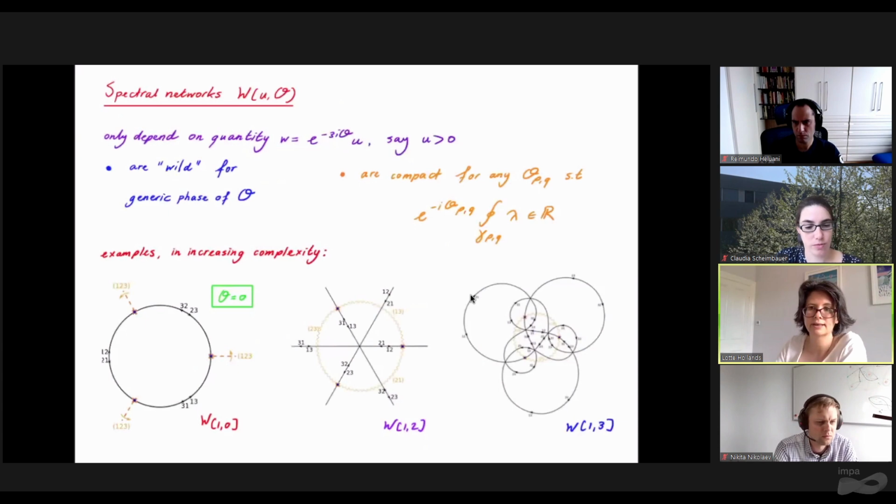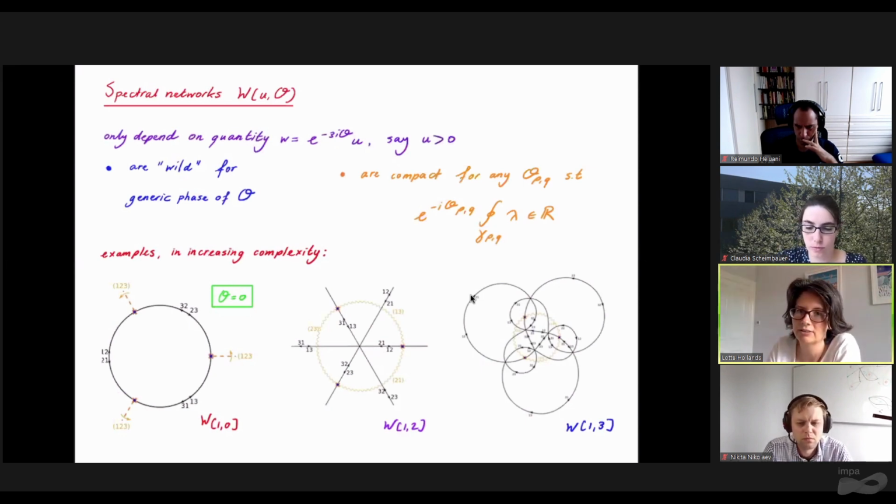If we want to abelianize this T3 equation, we're interested again in the corresponding spectral networks, because we have to choose a certain phase theta. And these spectral networks are actually much more complicated than what you would see in the A1 case, the K equal to 2 case.